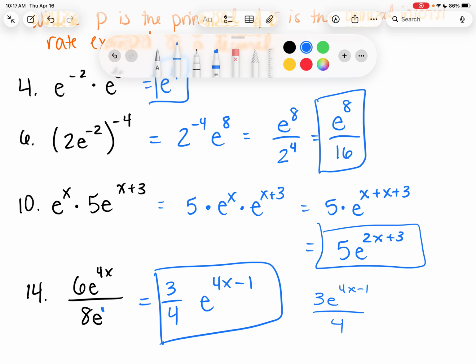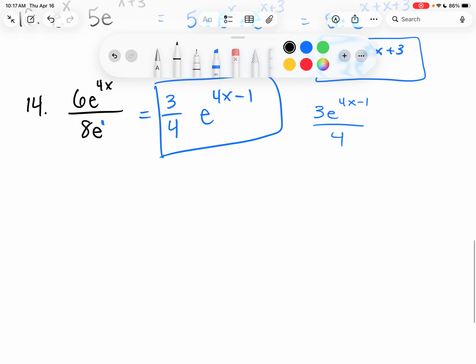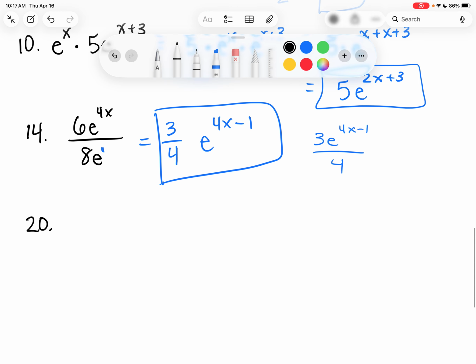Let's see. The next ones are the ones where you're going to need your calculator. So number 20, e to the negative 3/4. So we're actually solving what this is equal to. We're not simplifying it.